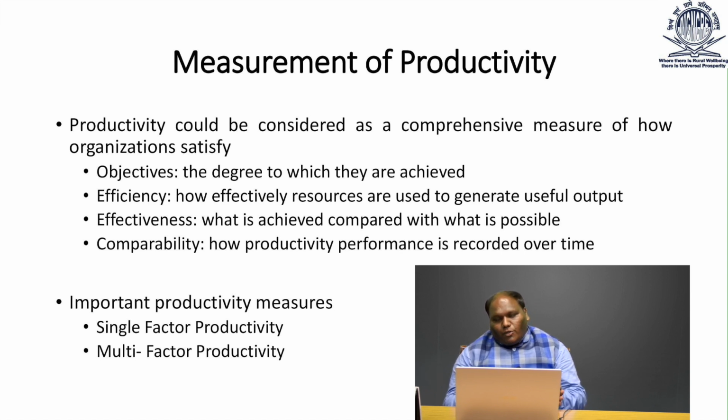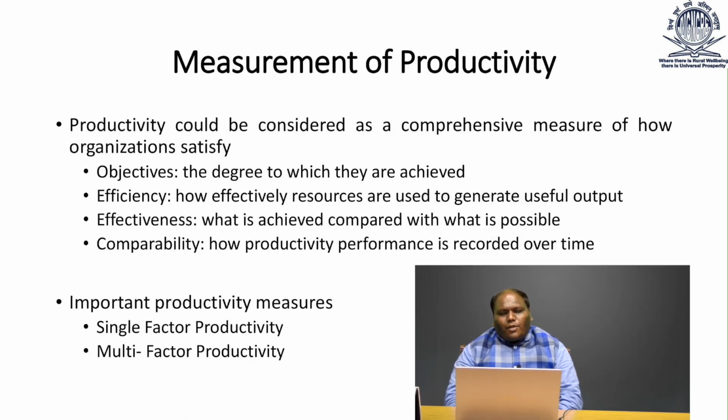So we are using three important elements here: input, process, output. Whatever inputs we provide, what process we do here, and what output we extract from it, these three elements play a very important role in the process of productivity.